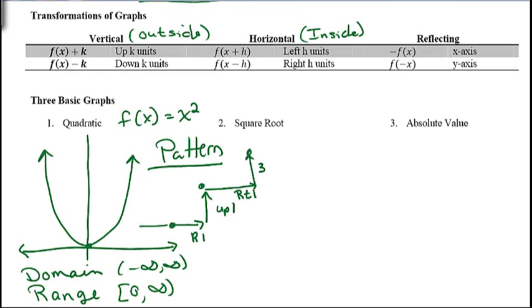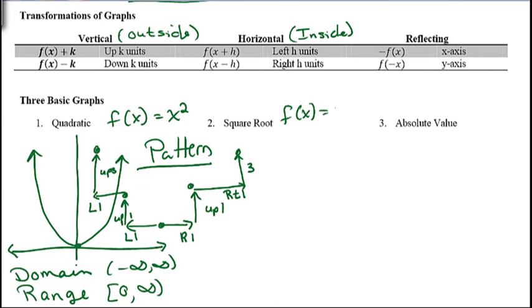And then you can do the same thing over on the other side. So left 1, up 1, to get to another point, and then left 1, and then up 3. Okay, so you can use that pattern to plot points on that graph if you wish.